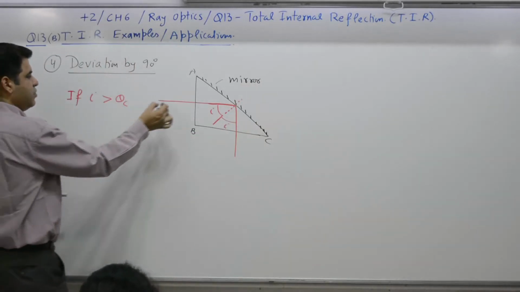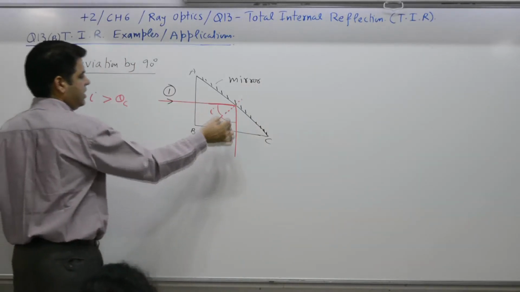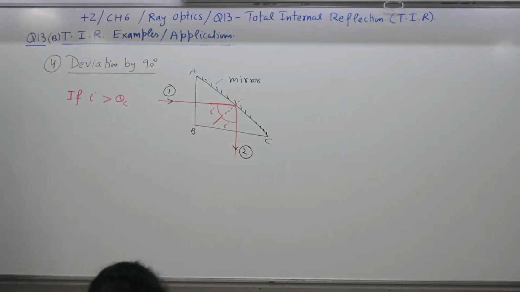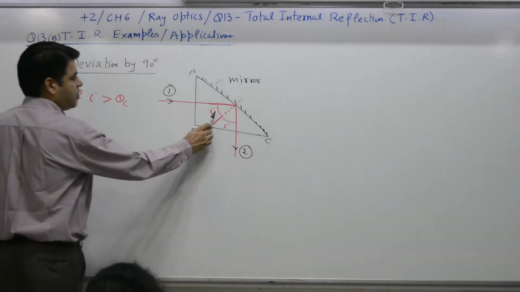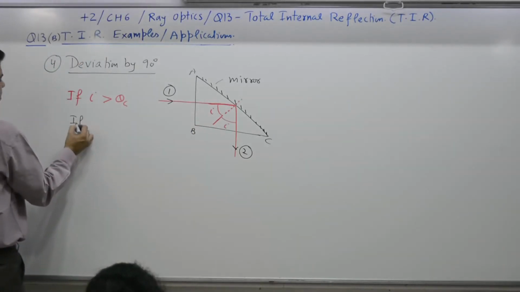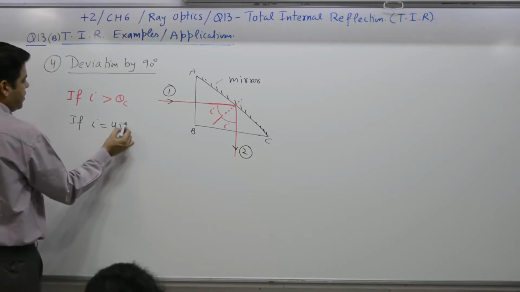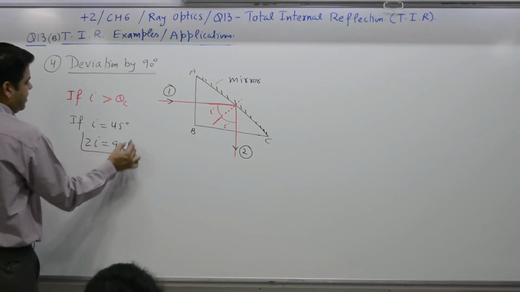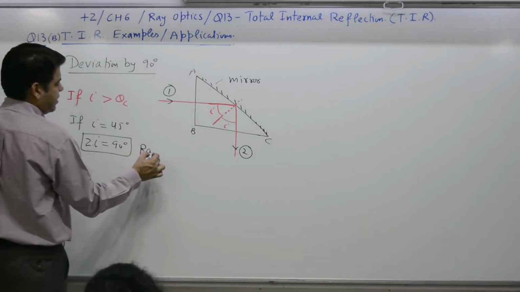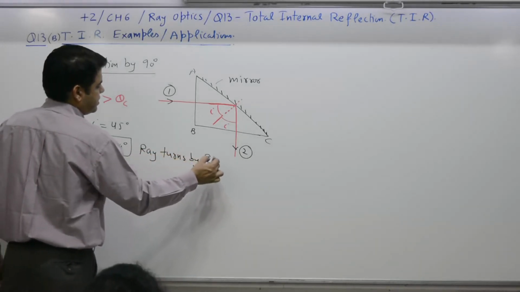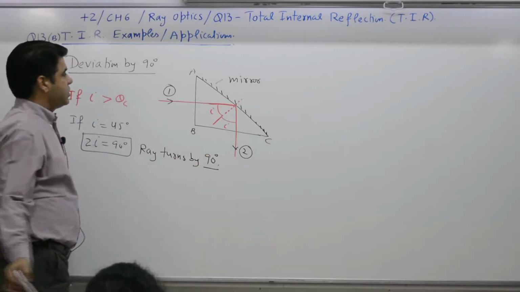The ray, suppose it is direction number 1, turns to a new direction 2. It has turned by what angle? 90 degrees. Suppose this I is 45, this is also 45. If I is 45, 2I is 90 degrees. The ray turns by 90 degrees. This is one.